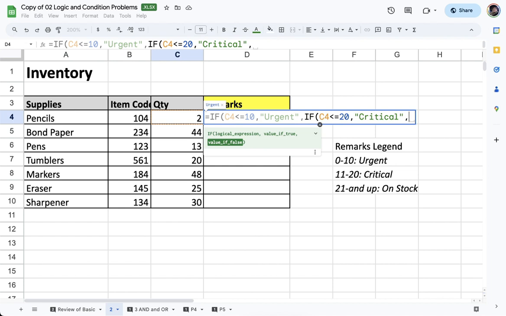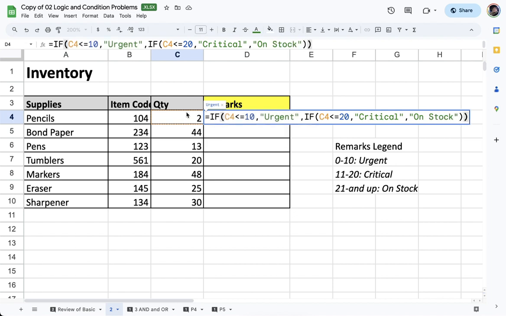At this point, we actually do not have any other remarks other than the unstuck remark. We've already brought in the formula urgent and critical, and we only have one remaining. And if you only have one remaining, then you don't have to create another if. You can bring in a lot of ifs in your formula, but eventually you will reach a point where you only have one remark remaining, and then you don't have to write another if.